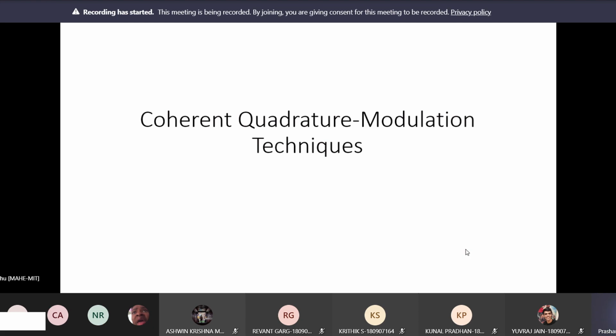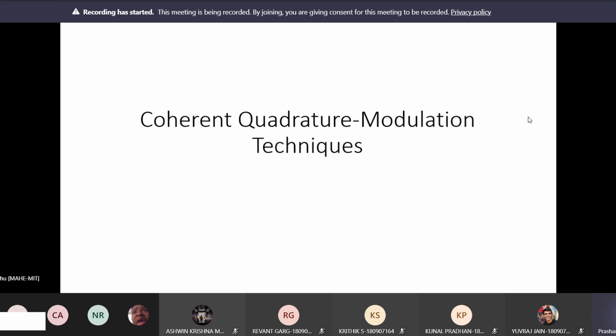You have studied in analog communication double sideband suppressed carrier, SSB, the single sideband suppressed carrier, and VSB also. You have studied both coherent as well as non-coherent modulation or demodulation. Based on the demodulation technique, we decide whether the modulation is coherent or non-coherent.